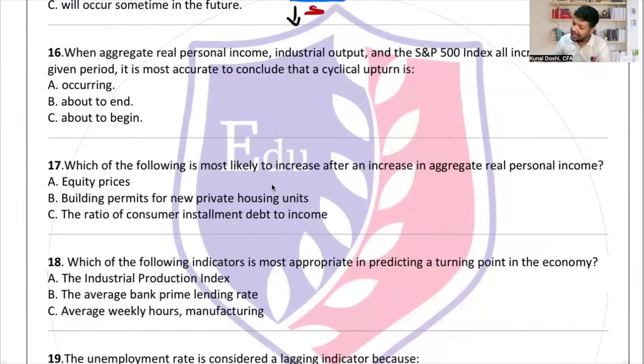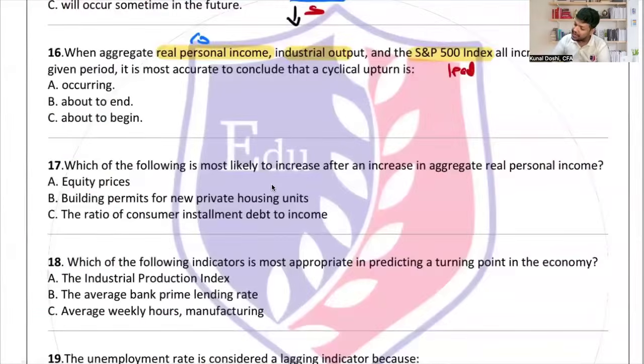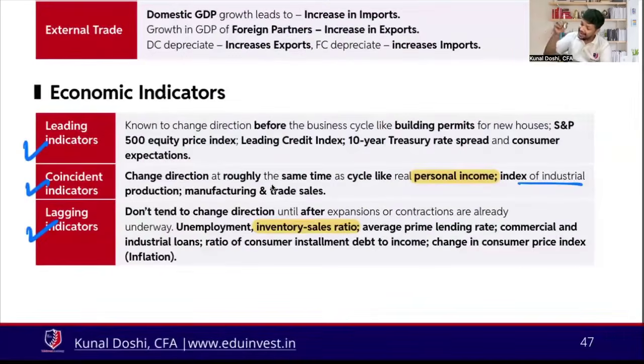Yes. When aggregate real personal income, which is a coincident indicator we just saw, industrial output and the S&P 500. See, the S&P 500 is a leading indicator, but industrial output, the index of industrial production, is a coincident indicator. Okay.